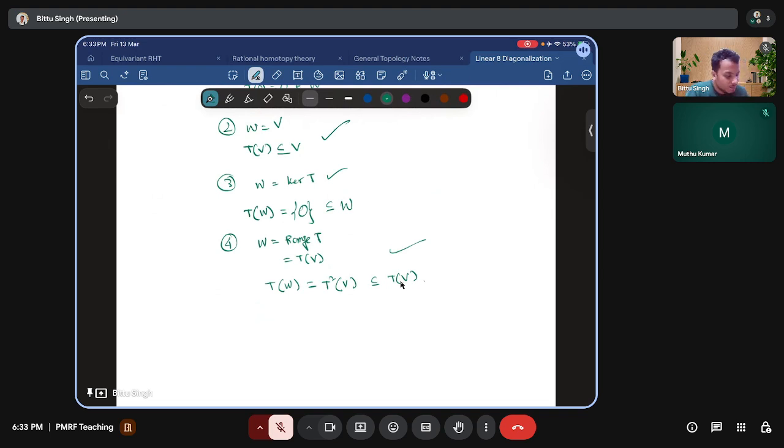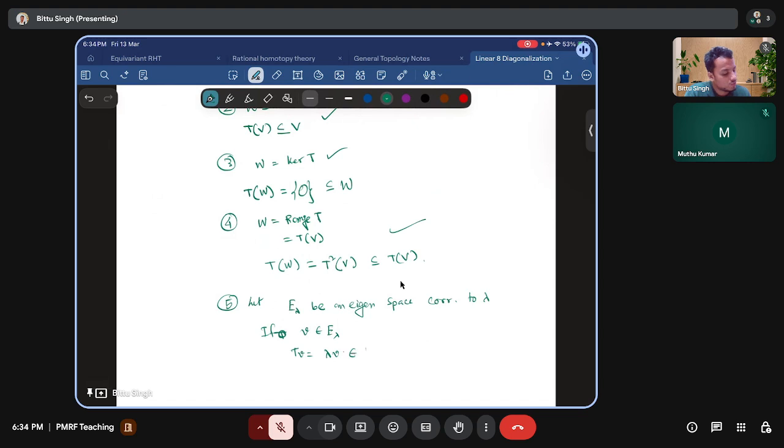Another interesting example will be eigenspaces. Okay, so let E lambda be an eigenspace corresponding to the eigenvalue lambda. Then note that if v belongs to E lambda, Tv is the same as lambda times v.